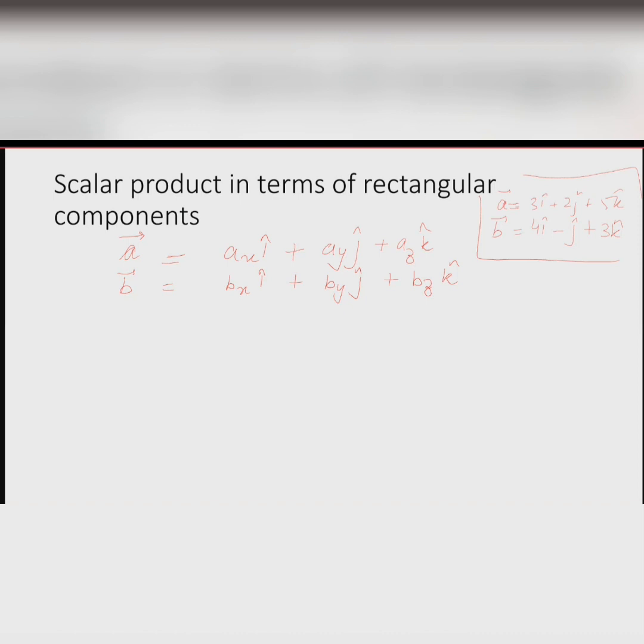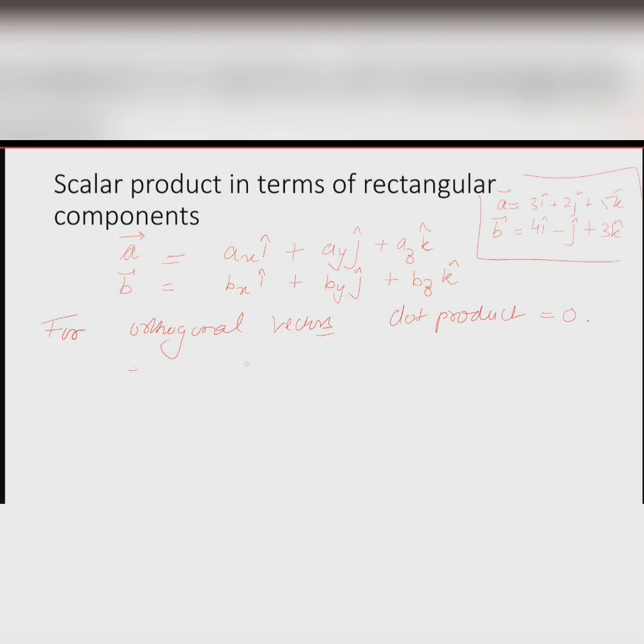Now to understand this, first we need to know what will be the dot product between two orthogonal vectors. Just now we saw that whenever two vectors were perpendicular, what was their dot product? 0. Okay, so for orthogonal vectors, orthogonal meaning perpendicular to each other, the dot product is equal to 0.